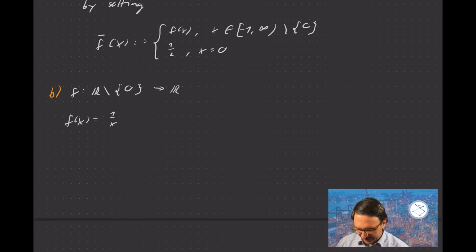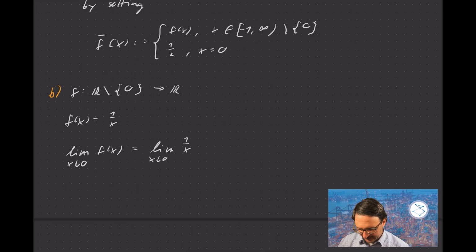Now what we get here is, if we take the limit of f of x from above, so the interesting point is of course 0, so we want to see if the function has a limit at 0. And if we approach 0 from above, that means we take the limit of 1 over x, x approaches 0 from above.